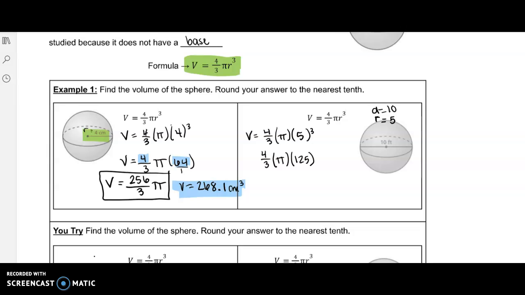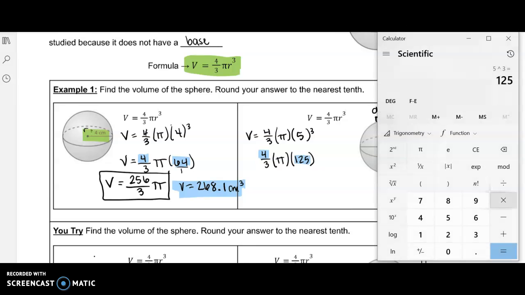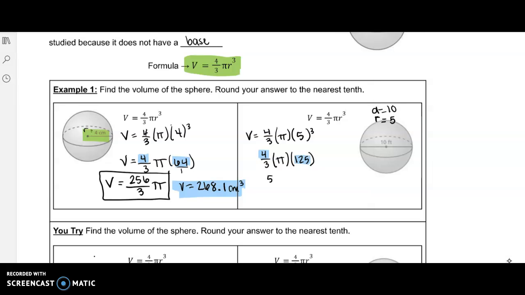If it says to leave in terms of pi, then you're going to multiply 4 times 125. We get 500. And leave it over 3, because that 3 will make it a repeating decimal. And then times pi. So then it would be feet cubed if it says to leave in terms of pi.